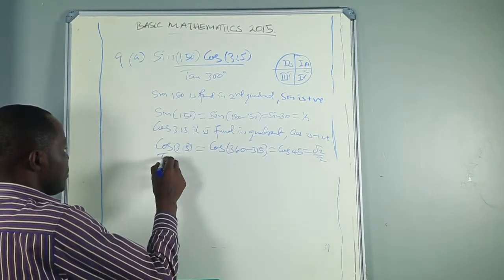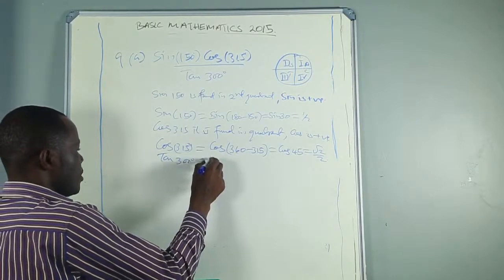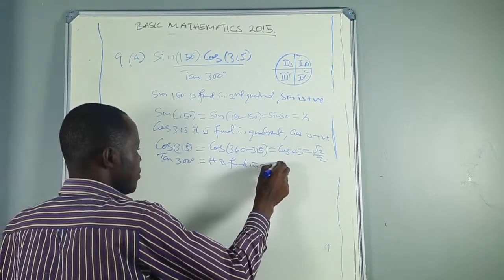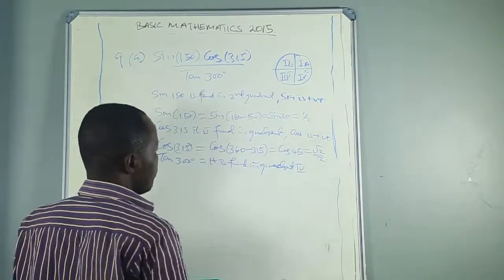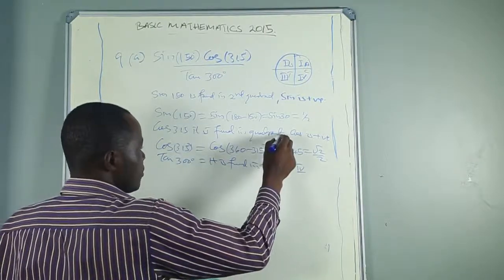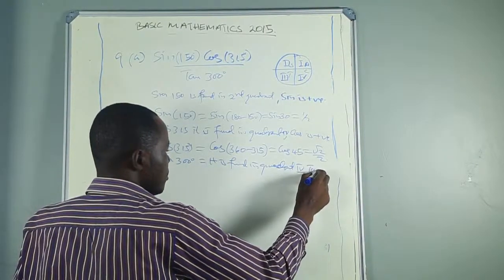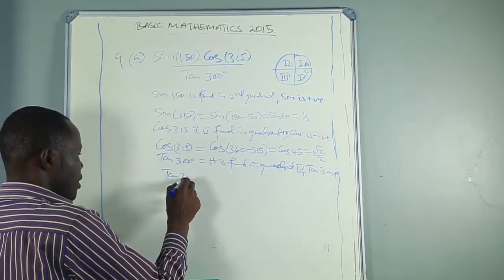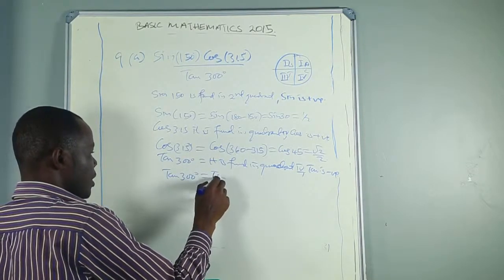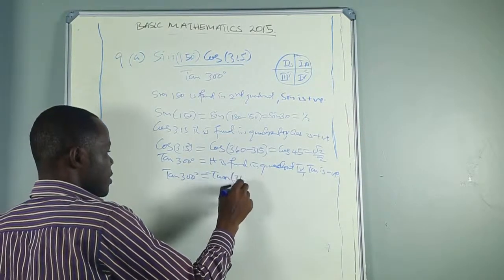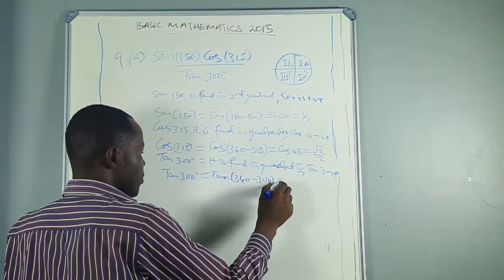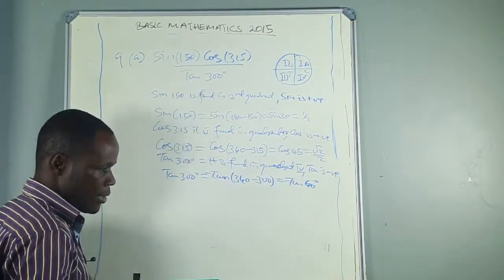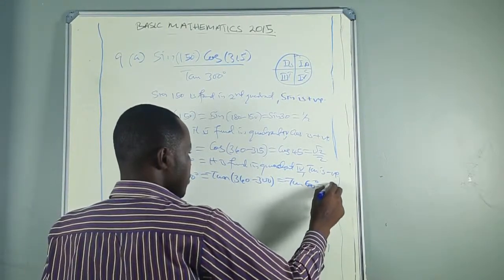The last one is tan of 300, found in quadrant 4 where tan is negative. So tan of 300 is equal to negative tan of 360 minus 300, which is negative tan of 60, equal to negative square root 3.